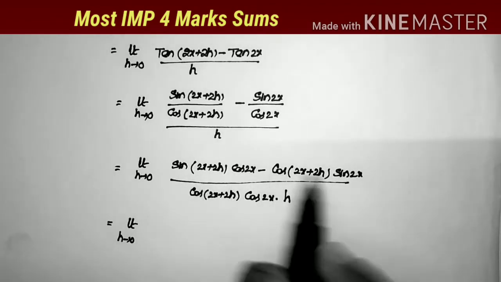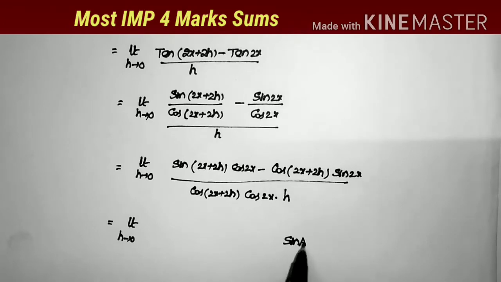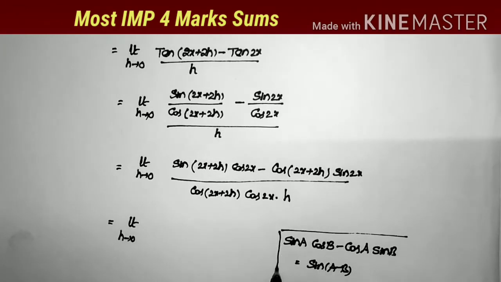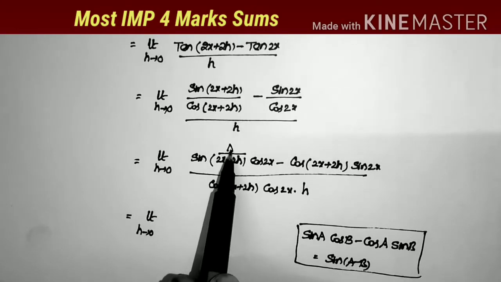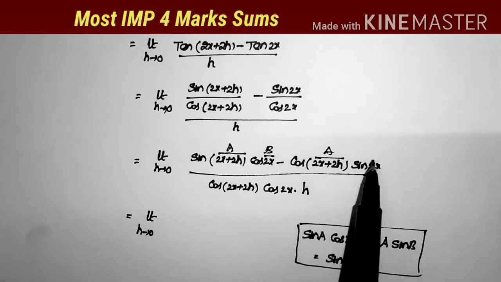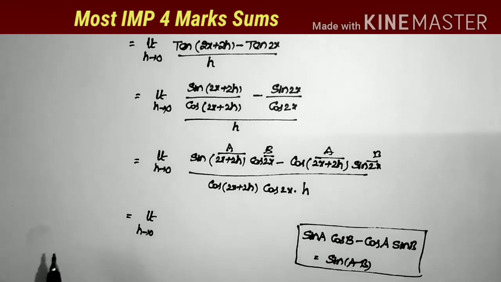Now what is this form? This is in the form of sin a cos b minus cos a sin b.